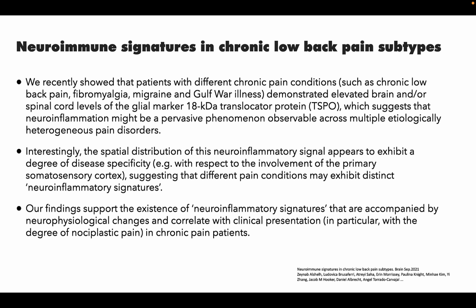Interestingly, the spatial distribution of this neuroinflammatory signal appears to exhibit a degree of specificity with respect to the involvement of the somatosensory cortex, suggesting that different pain conditions may exhibit distinct neuroinflammatory signatures.